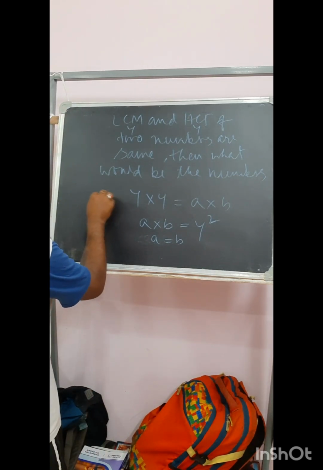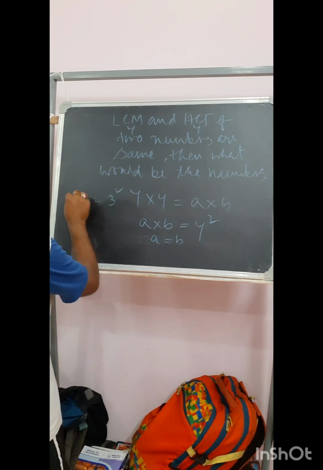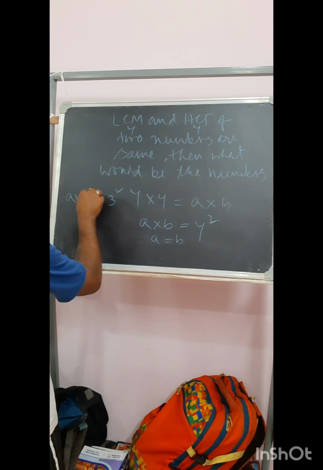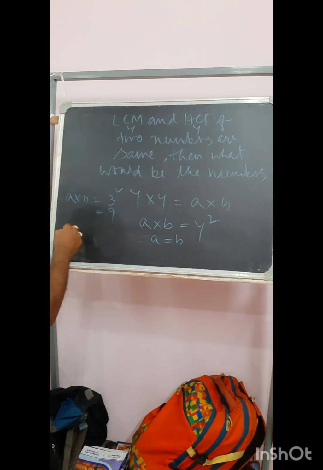Let's say y square is equal to 3 square. Okay, then what will be the value of y? Y square is equal to 9. So 9 can only be achieved by 1 into 9 or 3 into 3.